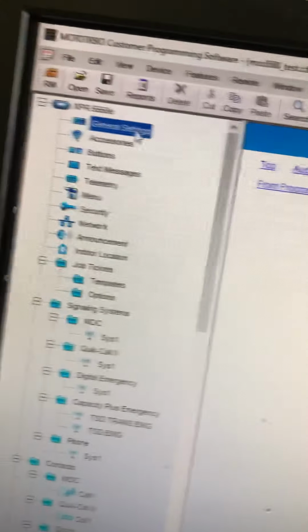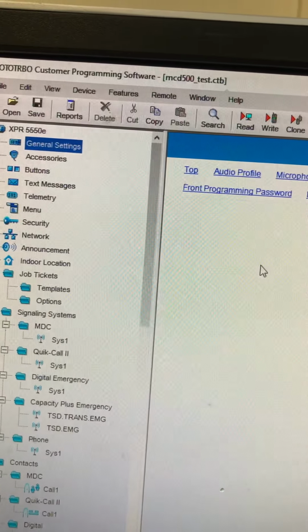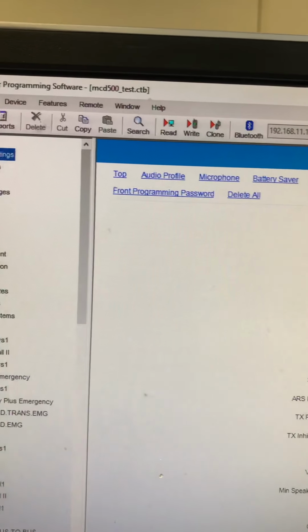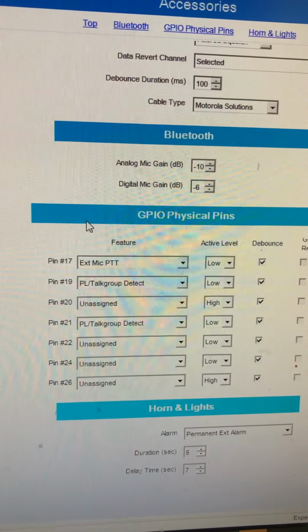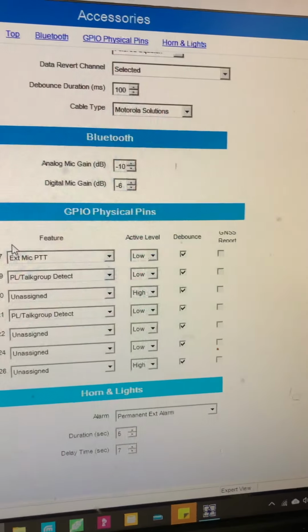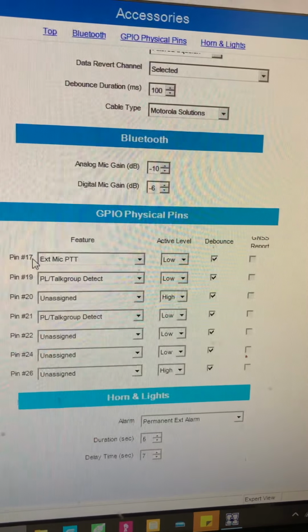The accessories, when you look at them right here, I have set up exactly the way they are in the manual.